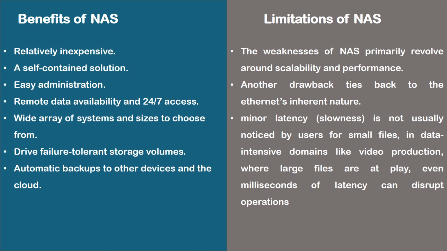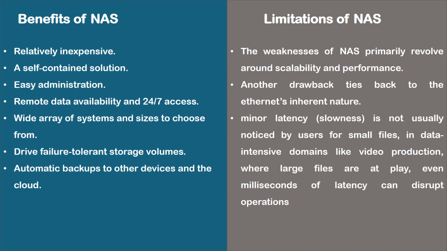Another drawback ties back to Ethernet's inherent nature. Ethernet divides data into packets, forwarding them to their destination. Yet, depending on network traffic or other issues, potential delays or disorder in packet transmission can hinder file availability until all packets arrive and are put back in order.